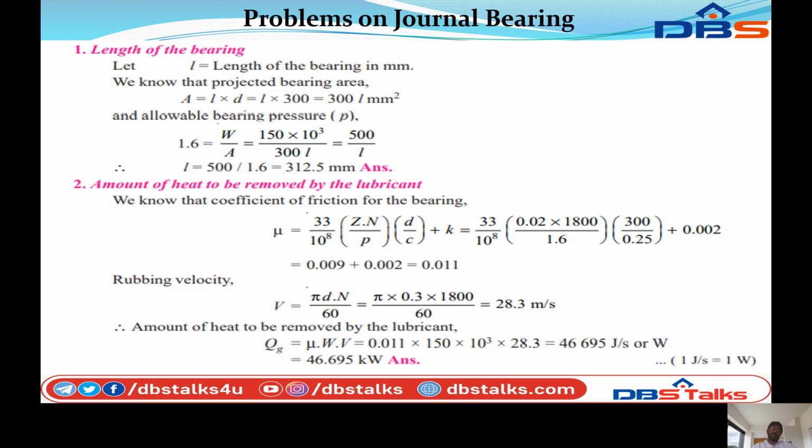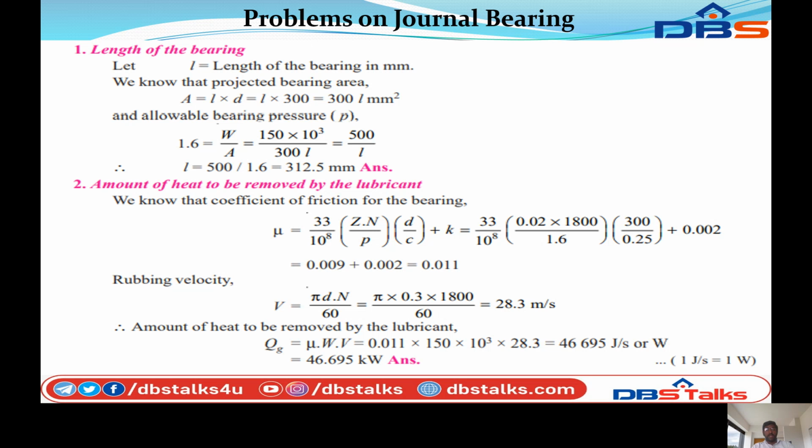And allowable bearing pressure P is equal to W by A, that is 1.6 equals 150 into 10 cube by 300 into L. Therefore L is equal to 500 divided by 1.6, so the total length of the bearing L is equal to 312.5 mm.